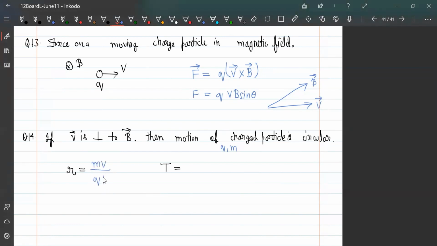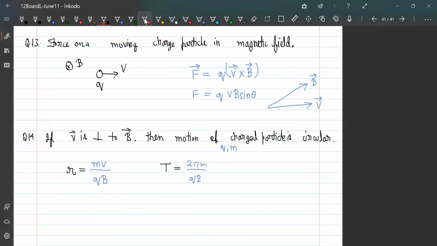Result याद रखना है और derivation भी याद रखना है. Then time period. Time period is 2 pi m by qB. Correct. 2 pi m by qB.